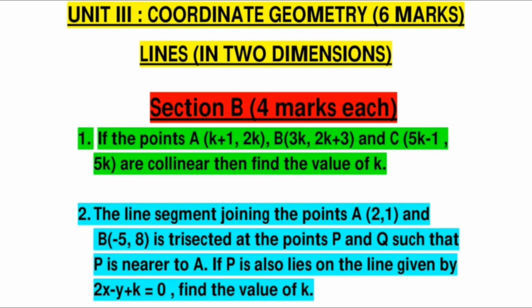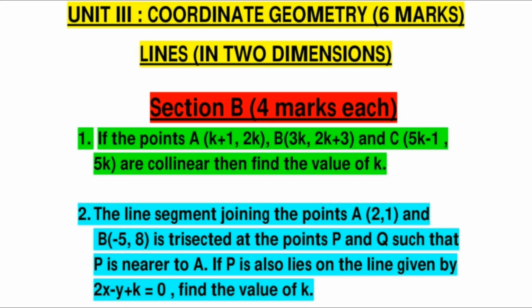then equate that area to 0, then you will get the value of K. Question number 2: the line segment joining the points A and B is trisected at the points P and Q such that P is nearer to A. If P also lies on the line given by 2x minus y plus k equals 0, find the value of K. So here the ratio in which P divides AB is 1:2, and the ratio in which Q divides AB is 2:1.